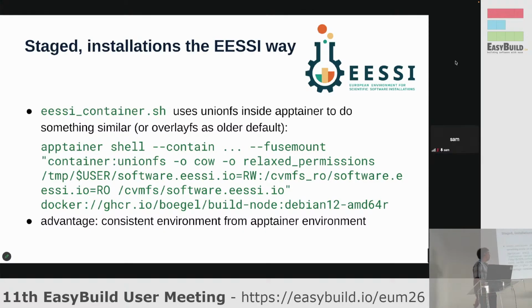Then you can install your software inside that container, and it will work, and afterwards they create a tarball and push that into CVMFS. The advantage of using apptainer for this is that you have a consistent environment, because whether you use apptainer on your laptop or on a cluster somewhere else, you have the same operating system inside apptainer, so the EasyBuild installation should be the same.